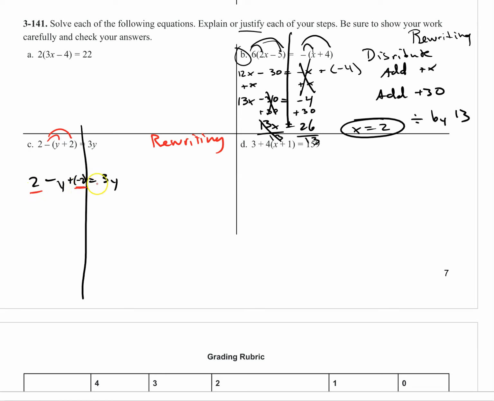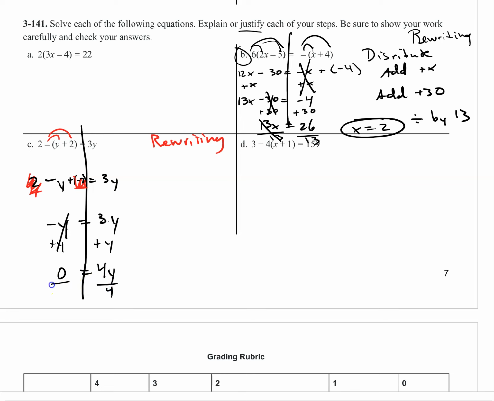That's 0. So all I have is negative y equals 3y. I have a y on each side, so pick the smaller y and make it cancel. Make it cancel by adding it. Add y to each side. So this is 0 equals 4y.